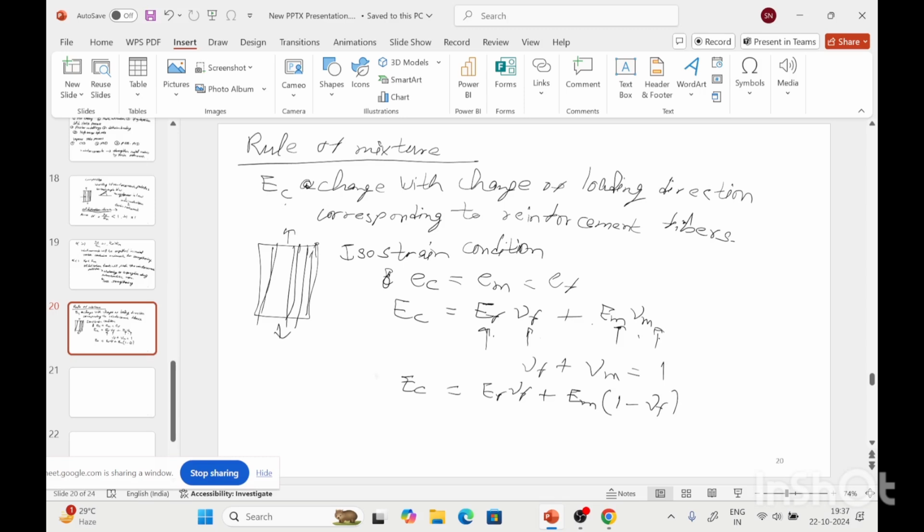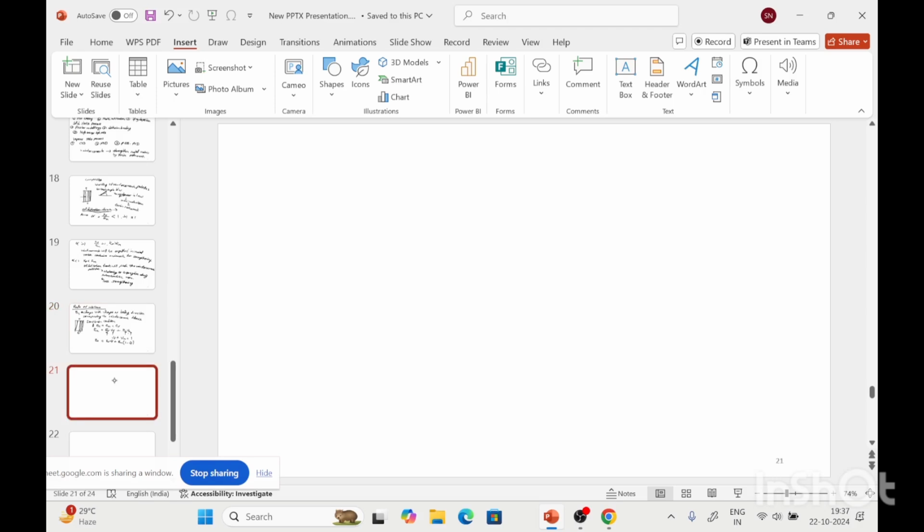So related to the different conditions, the volume fraction of reinforcement can be decided to generate a required strength.